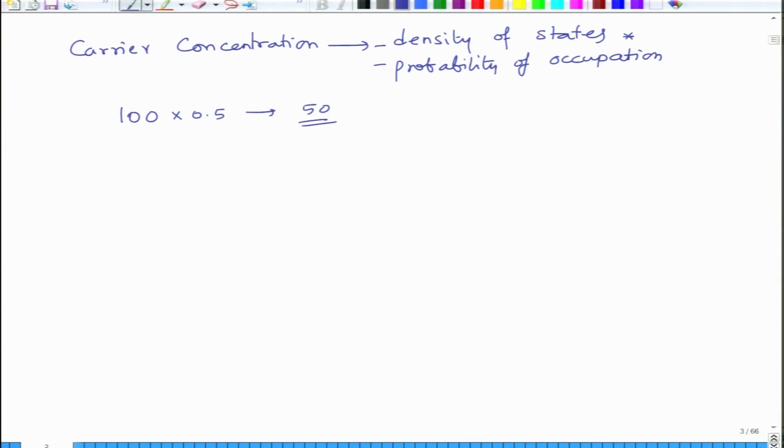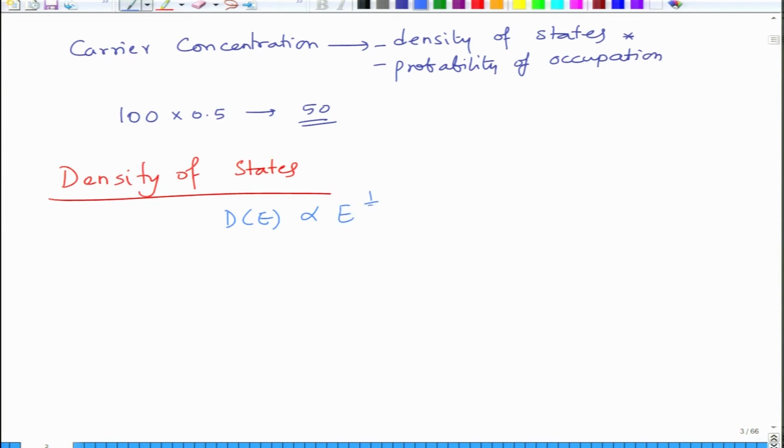We need to find out first what the density of states is and what the probability of occupation is. So let us first look at the density of states in a semiconductor. The density of states is given as dE, which is proportional to E to the power half.